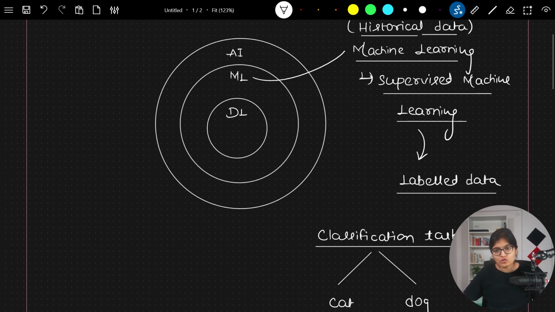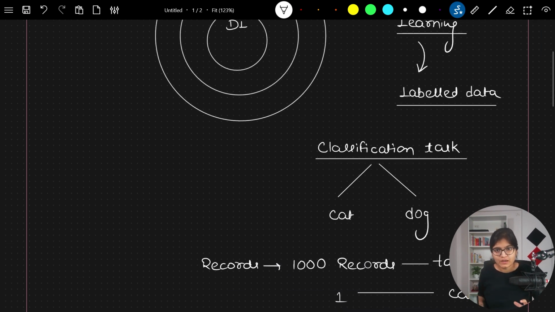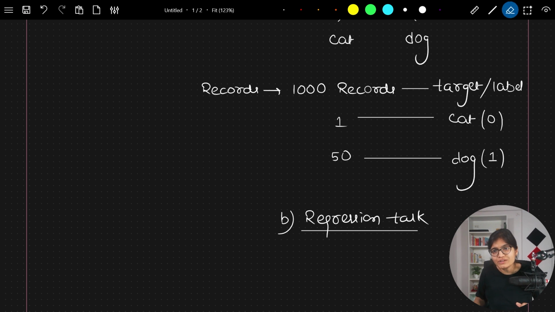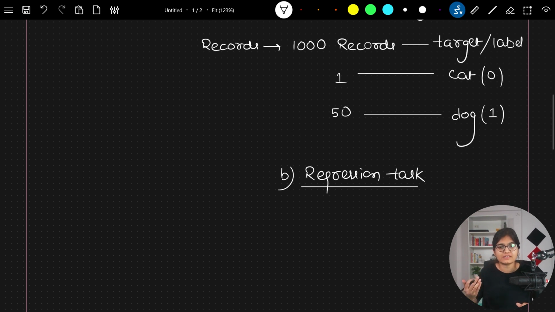In a supervised machine learning task, you will try to solve two problems majorly. One which I have talked about is the classification task. Another problem which you can solve is the regression task. In a regression task, you don't have classes as such, but you are trying to predict some continuous value or number.